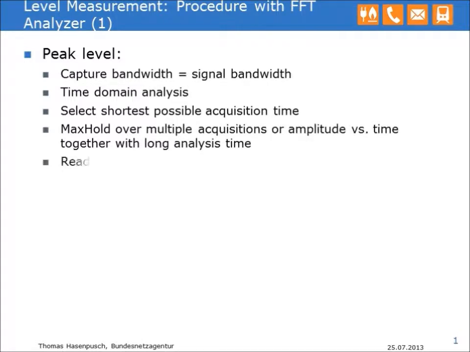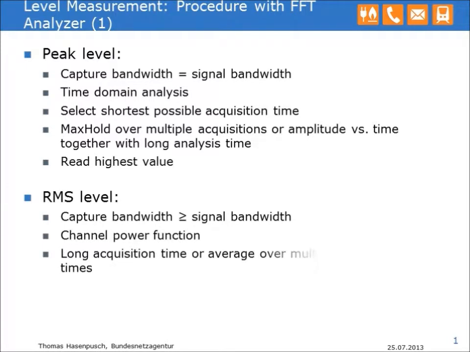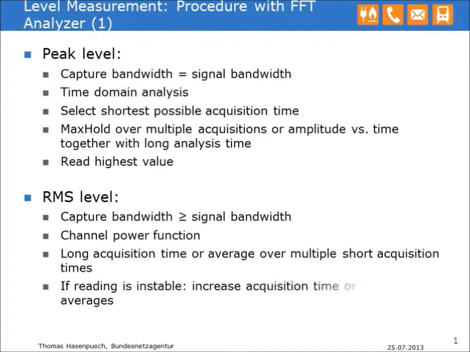And then we do a max hold function over multiple acquisitions. Alternatively, we can also use an amplitude versus time display. This pretty much is the same as the 0 span for sweeping analyzers, and we use that together with long analysis times and read the highest value.